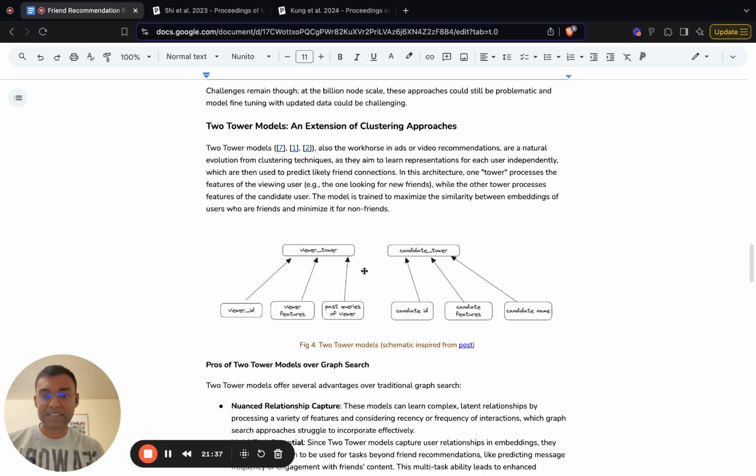So basically, we try to learn an embedding of the viewer and all the candidates, and this model is trained from real data.